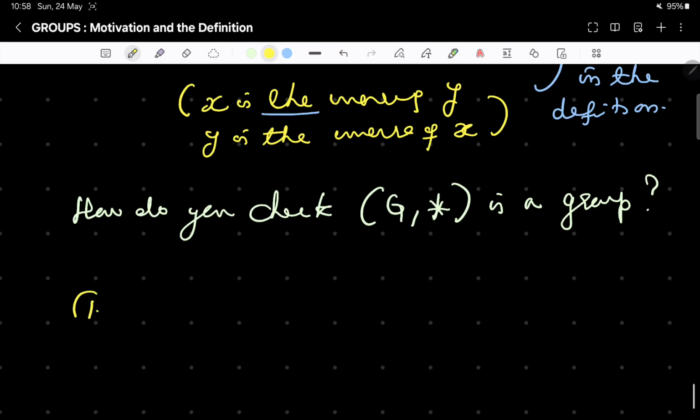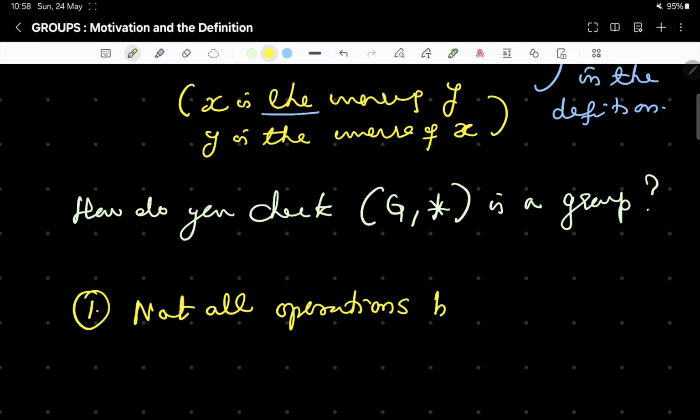Because there are operations which are not binary. Why is binary operation interesting? Because there are operations that are not closed. So you can see not all operations are binary, or closed.